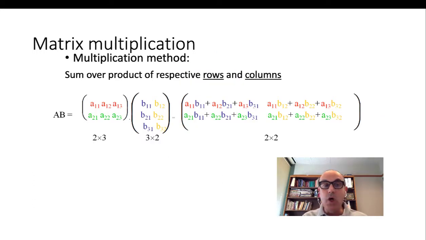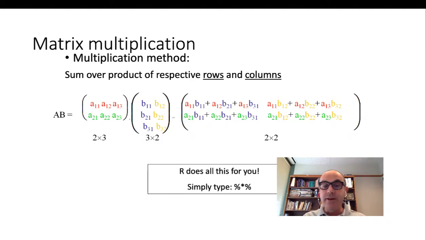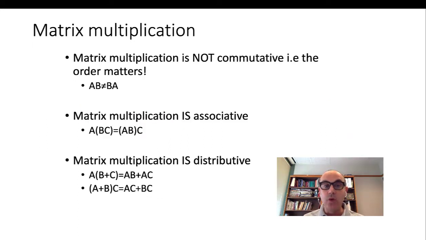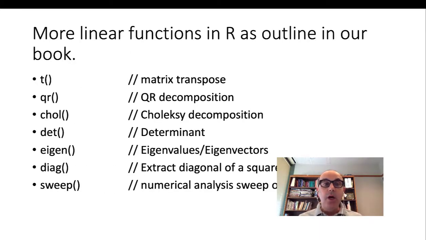So again, I go over manipulation, I go over these slides, go over the manipulation, and in R, we are simply doing the percent multiplied by percent in order for us to highlight and try to do that. And by doing that, we can apply and describe more linear functions in R, as outlined in the books.